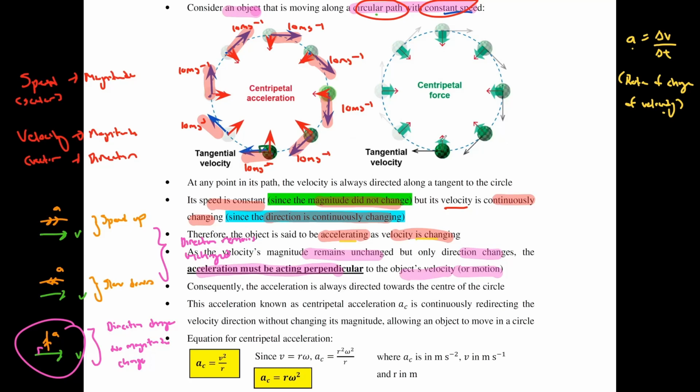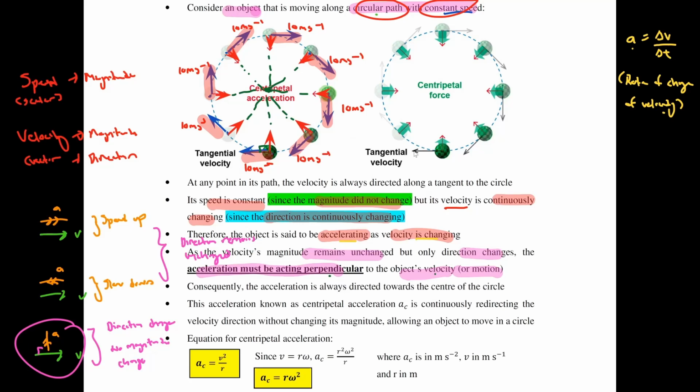Now, because your acceleration is always acting perpendicular to your velocity, your acceleration is always directed towards the center of the circle. You see, if I extrapolate the arrow for all of the accelerations indicated here, they all seem to come from the center, they all seem to be pointed towards the center of the circle.